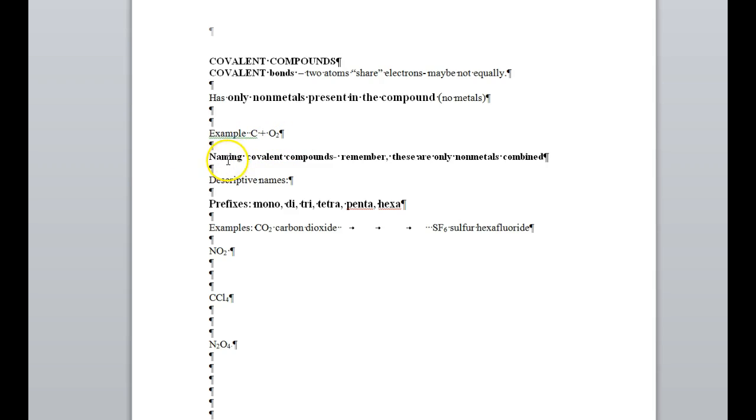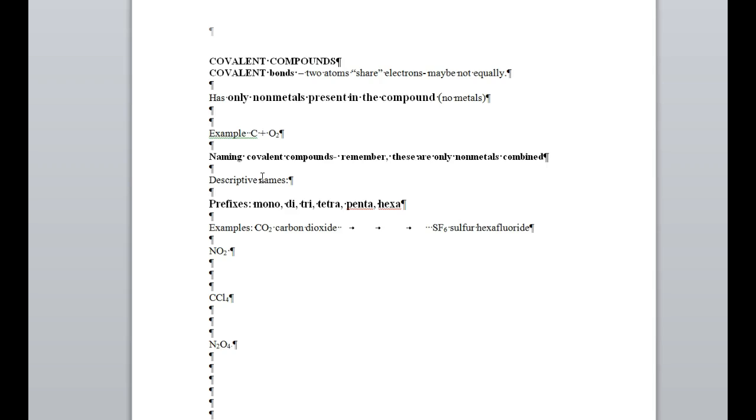So now we're going to go through how we name these covalent compounds, and remember these are only nonmetals. Okay, so when we name these compounds, they are going to have prefixes like mono, di, tri, tetra, penta for 5, hexa for 6, septa for 7, octa for 8, okay?